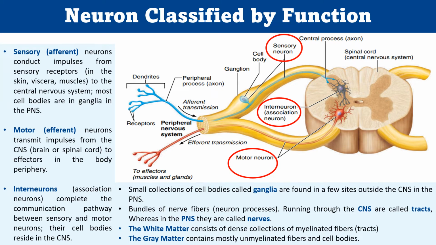Bundles of nerve fibers, neuron processes running through the CNS, are called tracts, whereas in the PNS they are called nerves. White matter consists of collections of myelinated fibers, and the gray matter contains mostly unmyelinated fibers and the cell bodies.